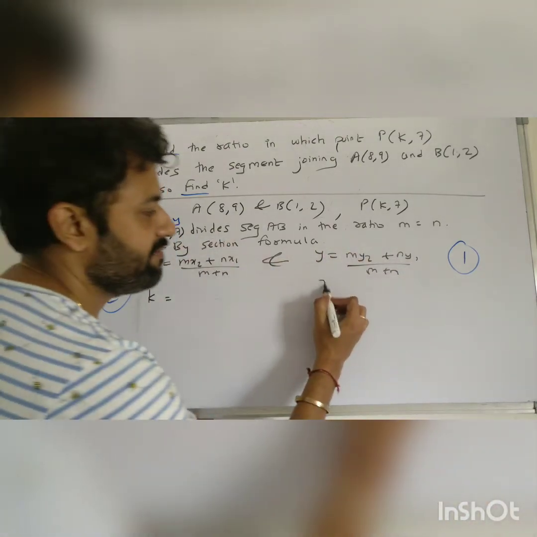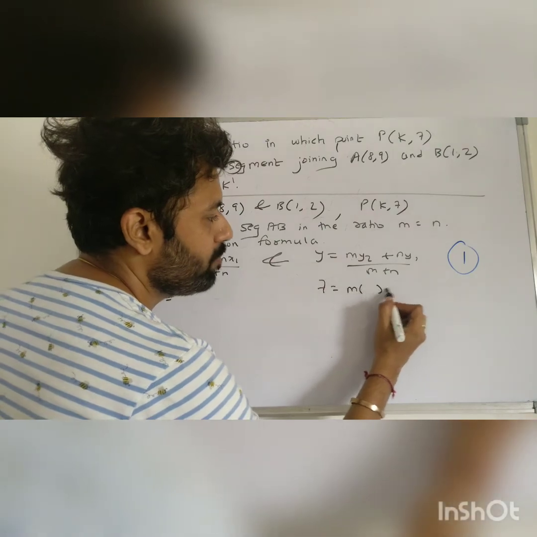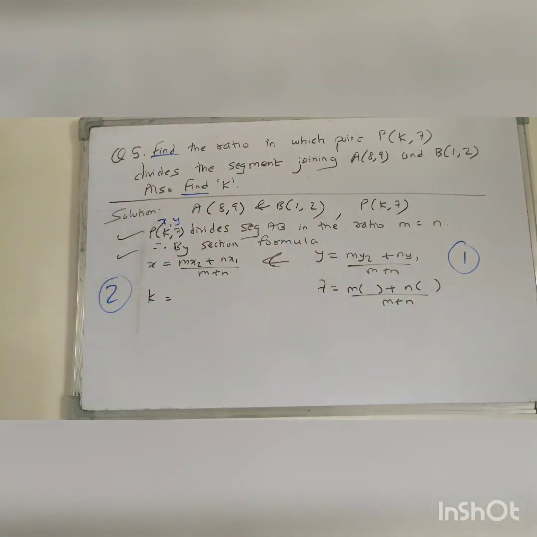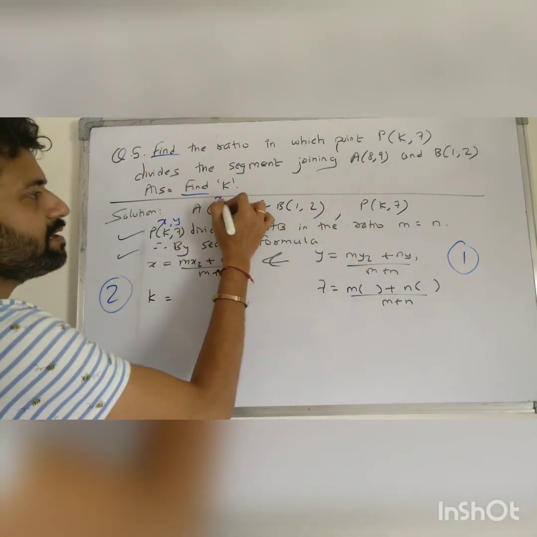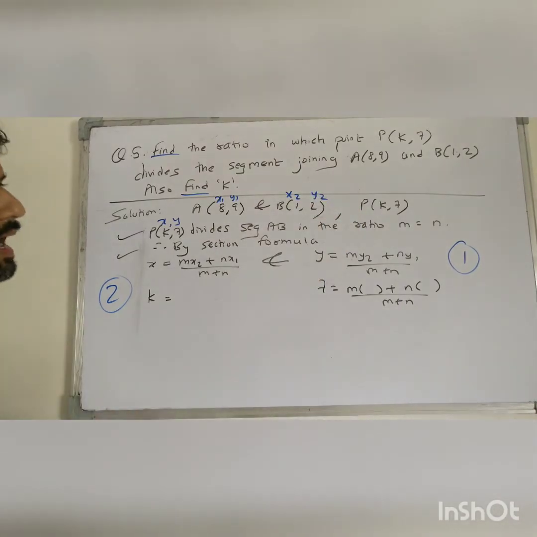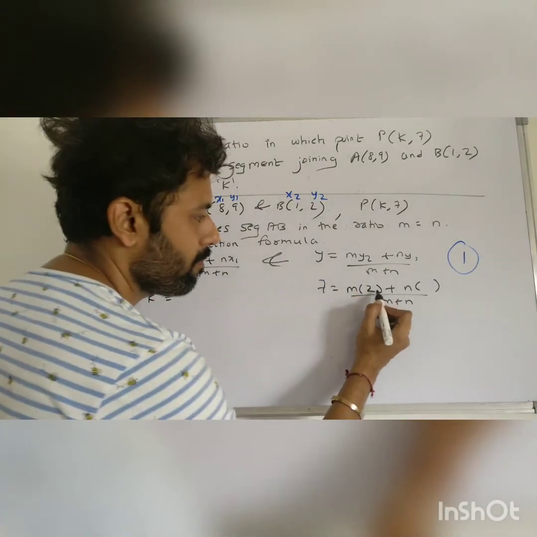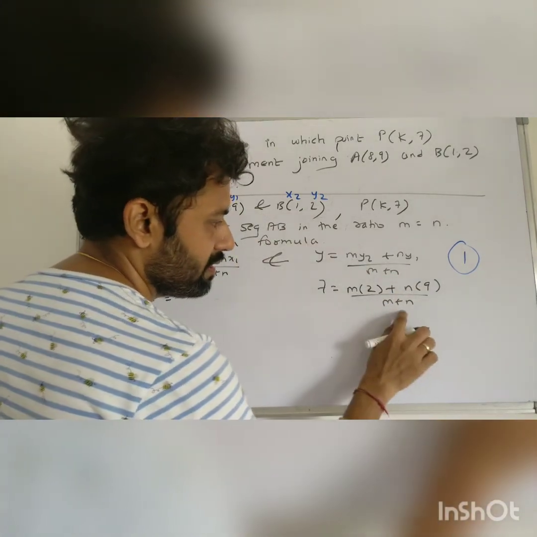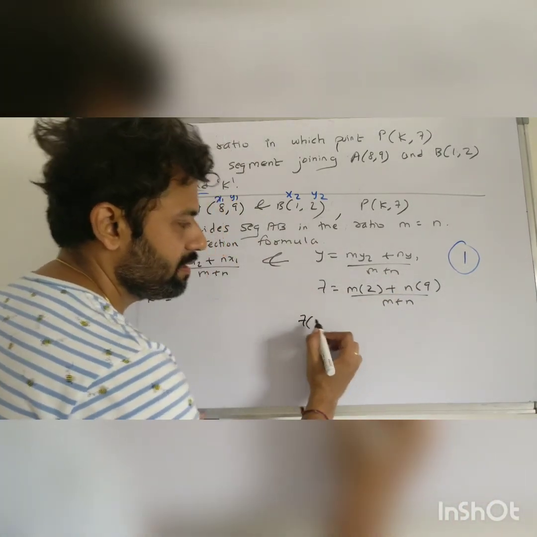Y, that is 7, equals my2 plus ny1 upon m plus n. Remember, these are values x1, y1, x2, y2. my2 plus ny1. This m plus n will multiply with 7.